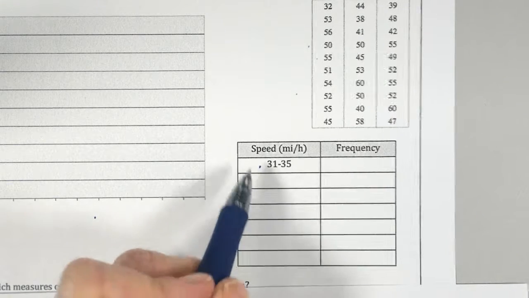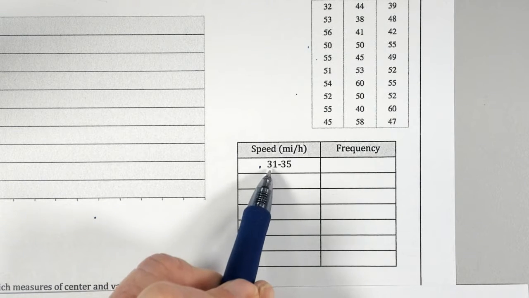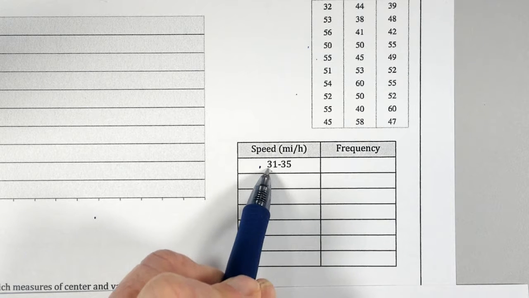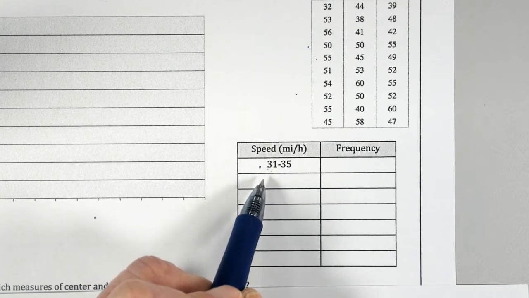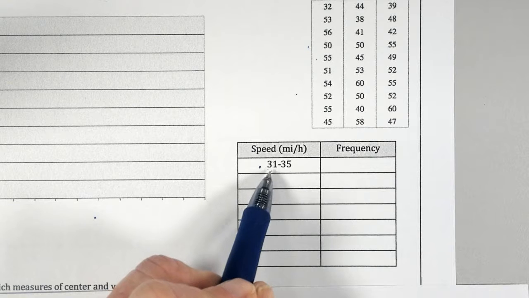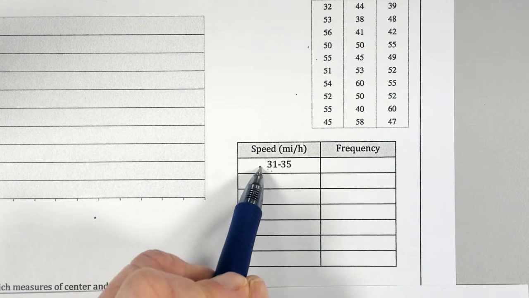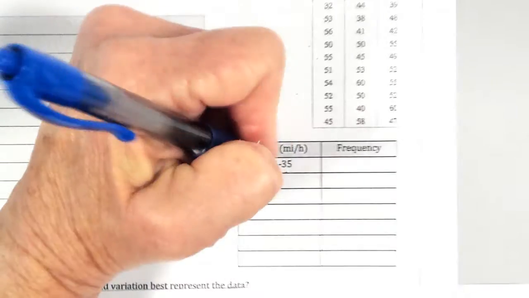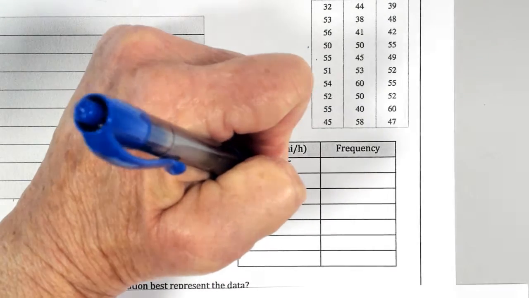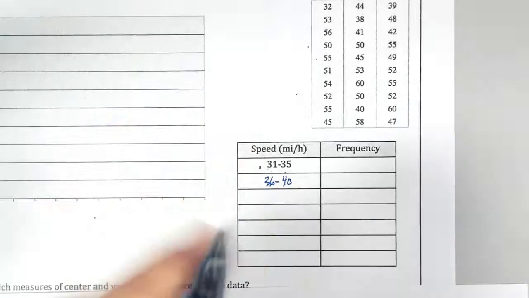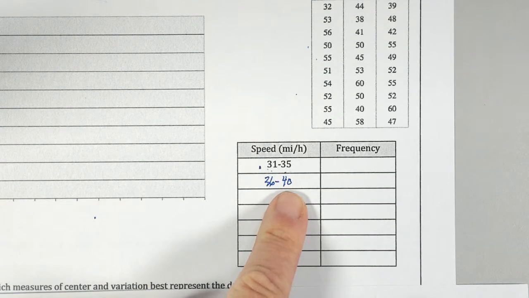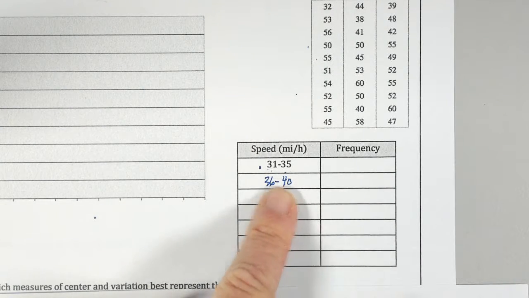And I'm going to notice some things about this interval. Notice there are 4 numbers between 31 and 35. So I'm going to create my frequency table based on the intervals of 4. So my next number is 36, and I'm going to go to 40 because I've added 4 onto 36. Now where do I start my next interval? At 41.